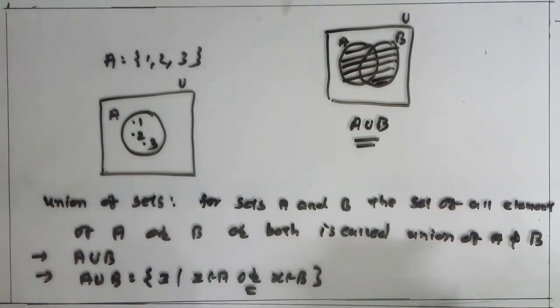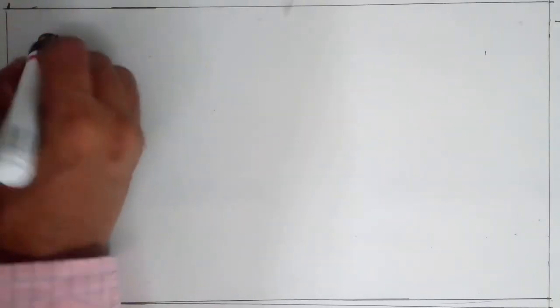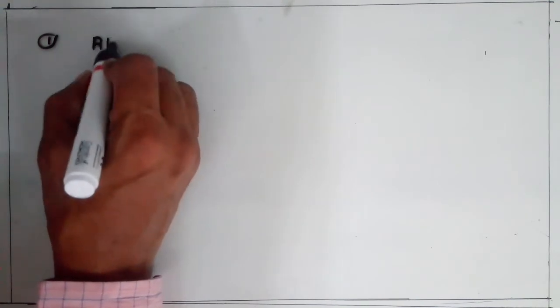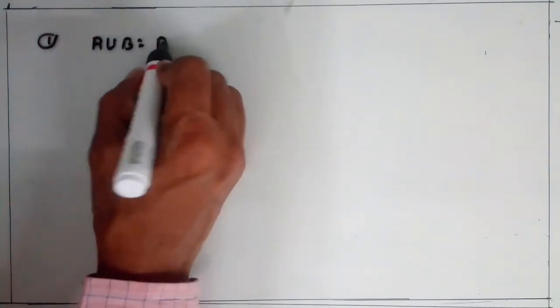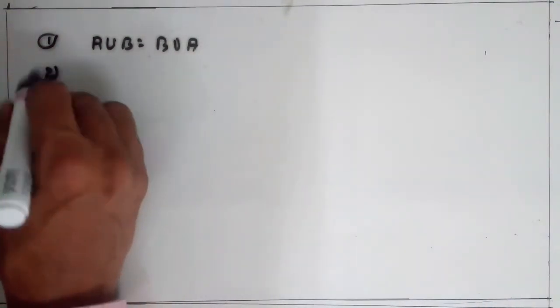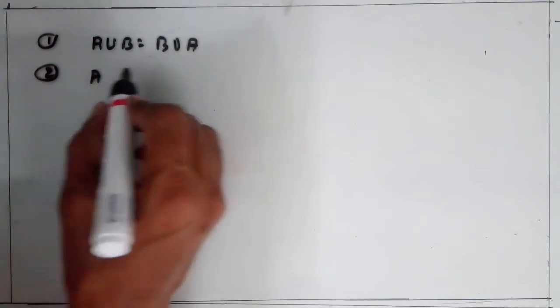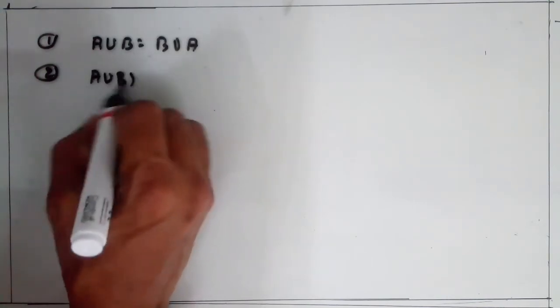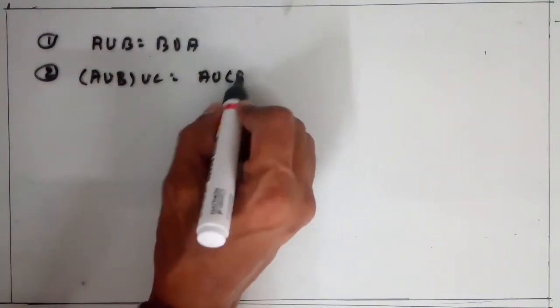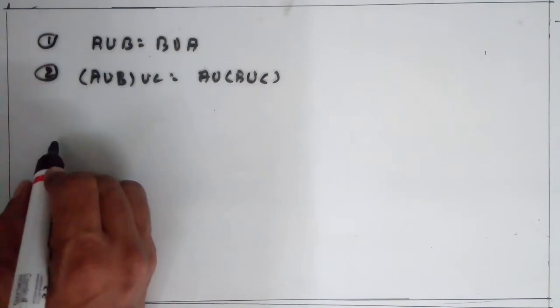Now here we discuss some more properties of the union operation. First, commutative law. We know that the commutative law for union is A union B is equal to B union A. Remember this. Now number 2, associative law for the union operation: (A union B) union C is equal to A union (B union C). This is the associative law.